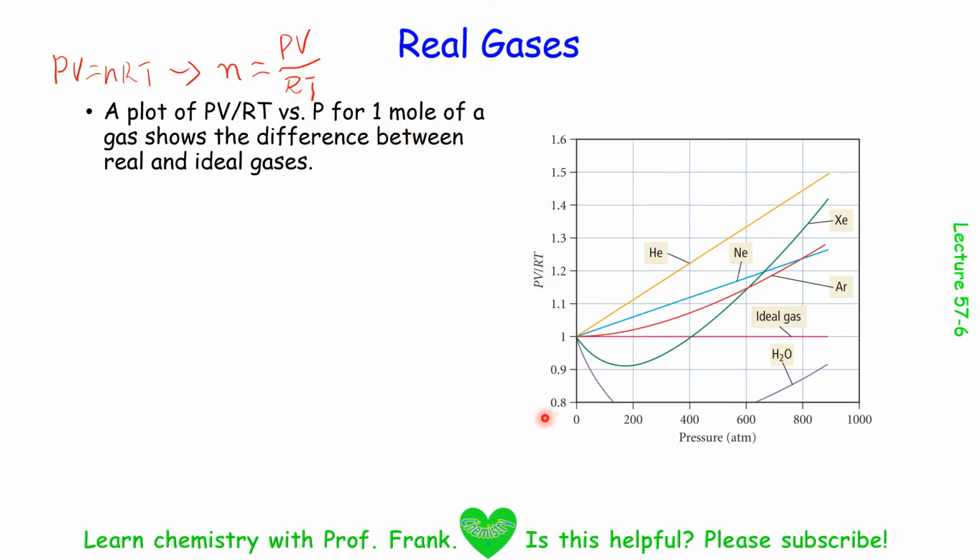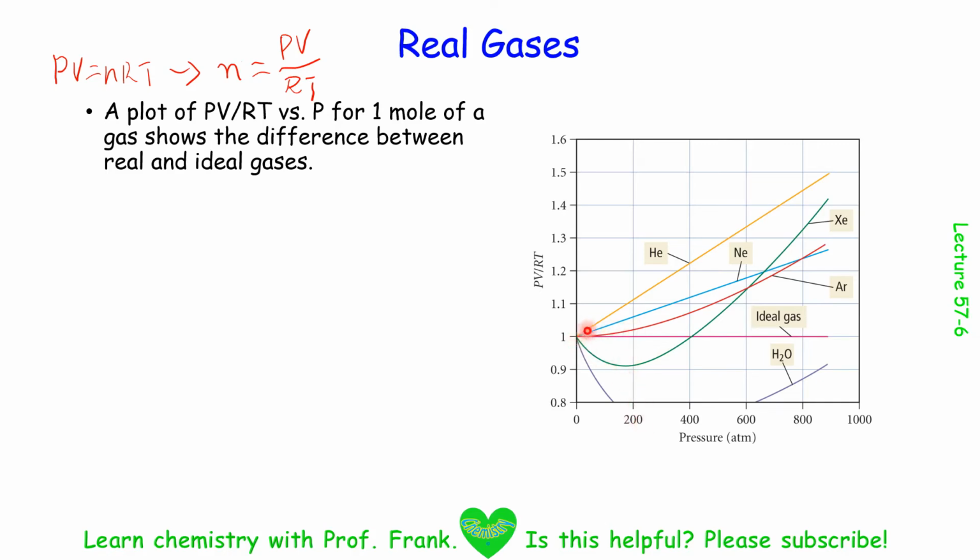This y-axis is PV over RT, therefore it is 1 for an ideal gas, and that stays the same regardless of what the pressure is. And then the real gases don't follow this ratio of 1.